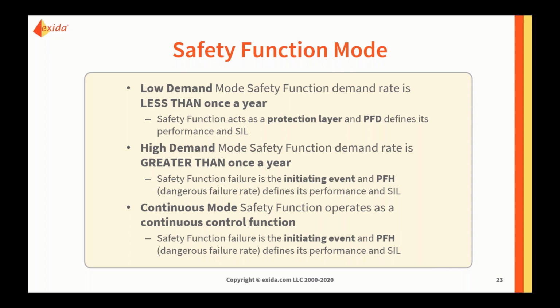So instead, the standards guide us toward a PFH, or a probability of dangerous failure per hour, which is effectively a dangerous failure rate. And that dangerous failure rate is what we would model as an initiating event frequency.